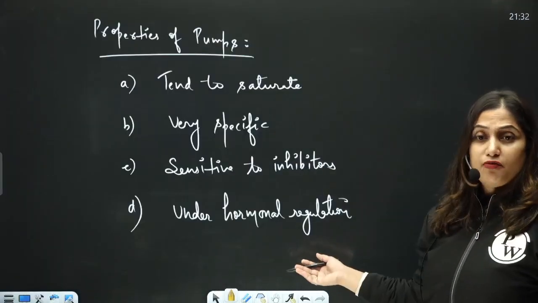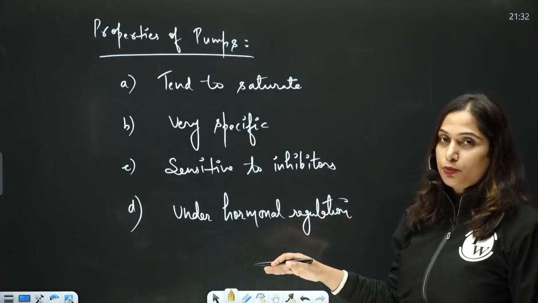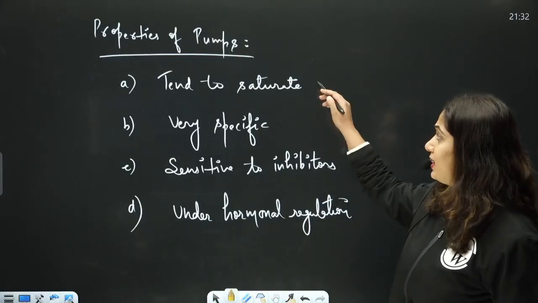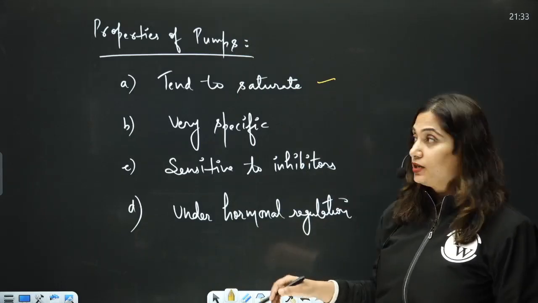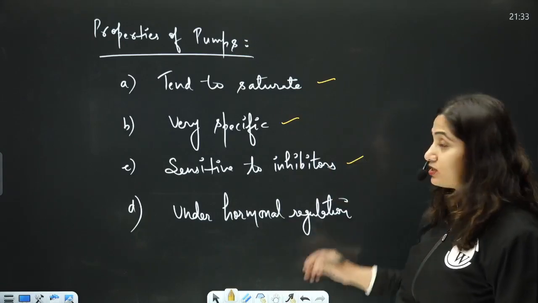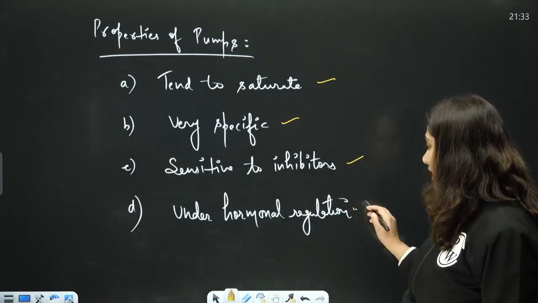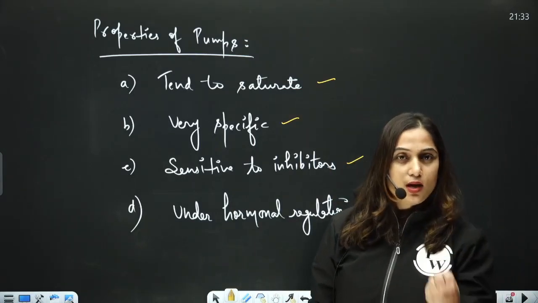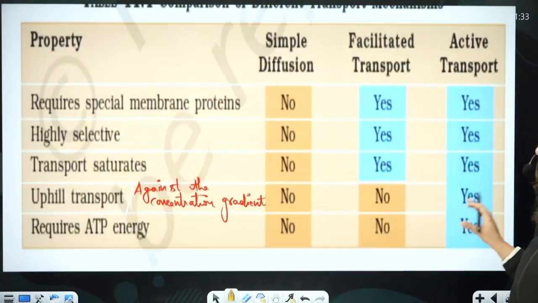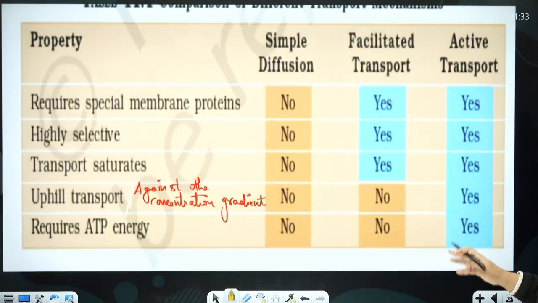The properties of pumps are similar to the properties of channel proteins involved in facilitated diffusion. They also have a limit, they also tend to saturate, they are also very specific, they are also sensitive to inhibitors, and they are also under hormonal regulation. Now, this is a table from NCERT, and this is very important.